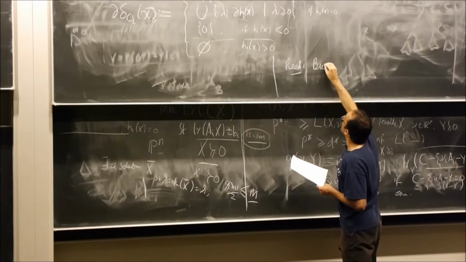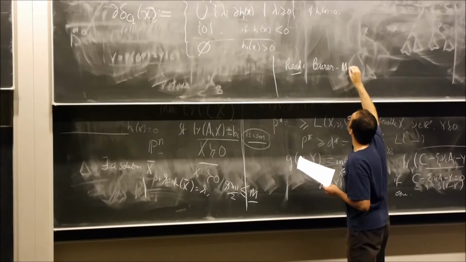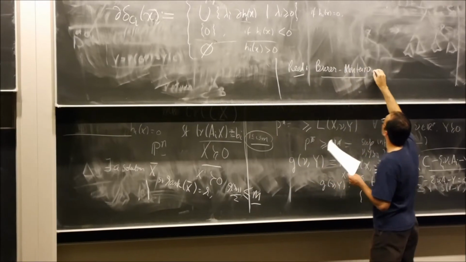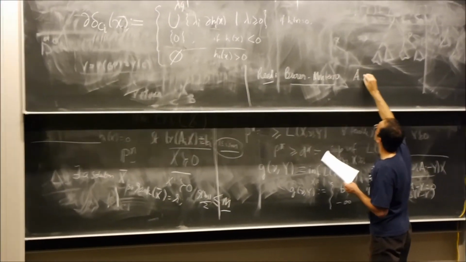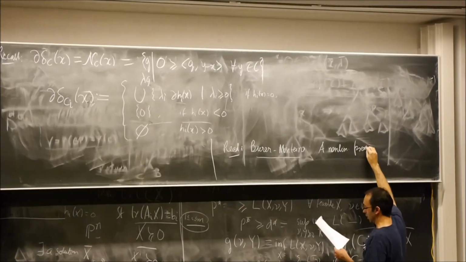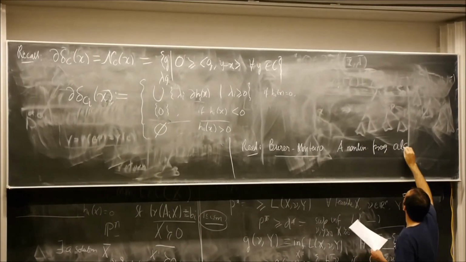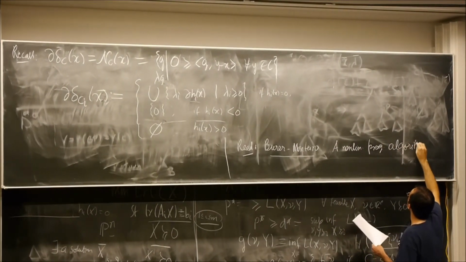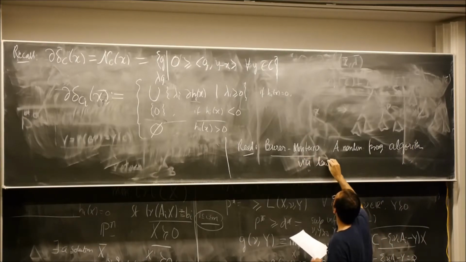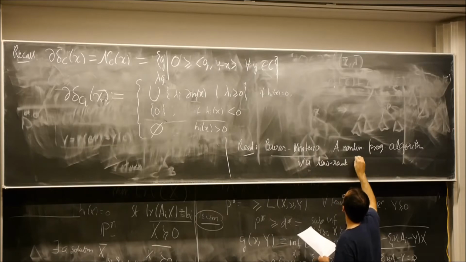You can read where this simple low rank connection is exploited, in a famous paper by Burer and Monteiro called a nonlinear programming algorithm via low rank.